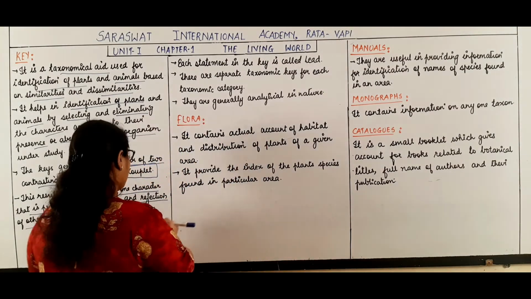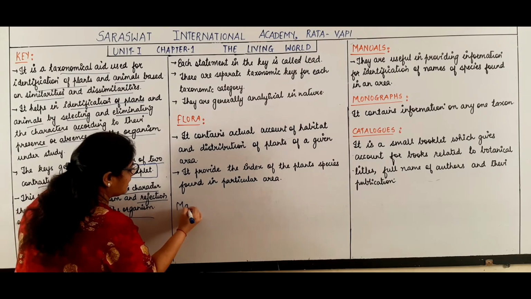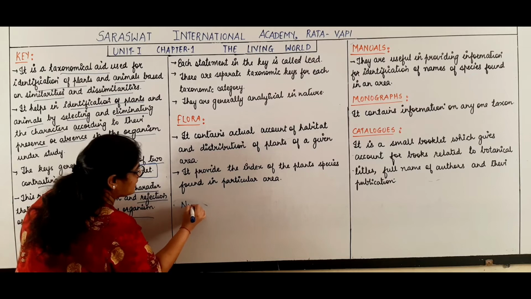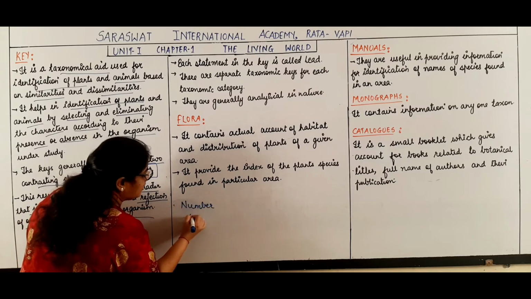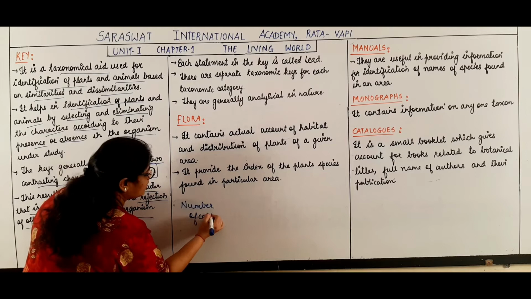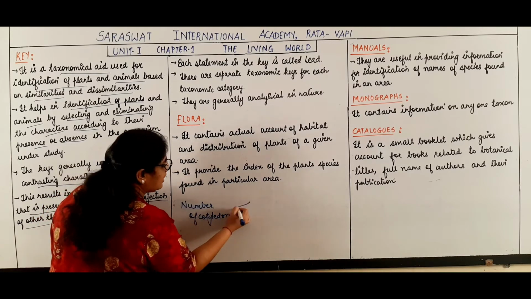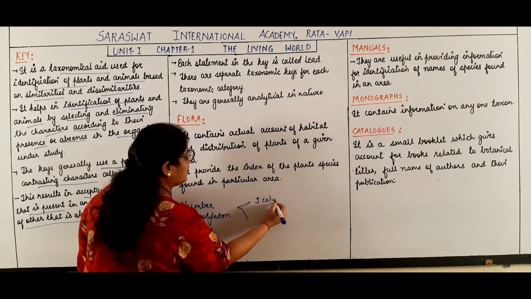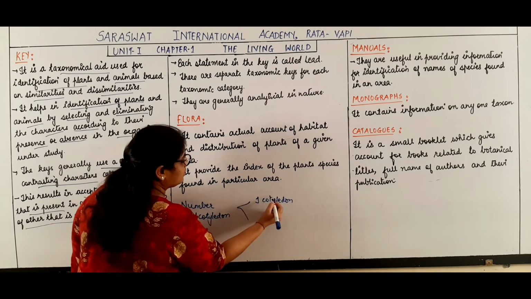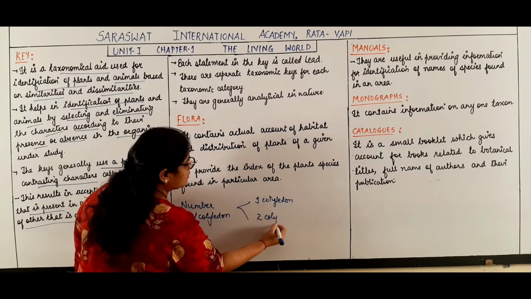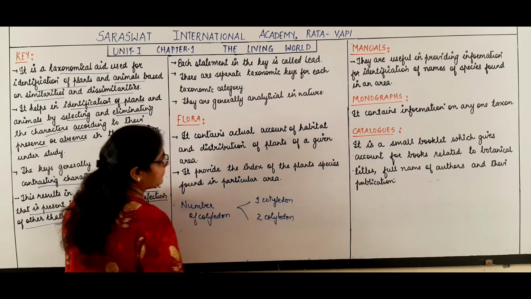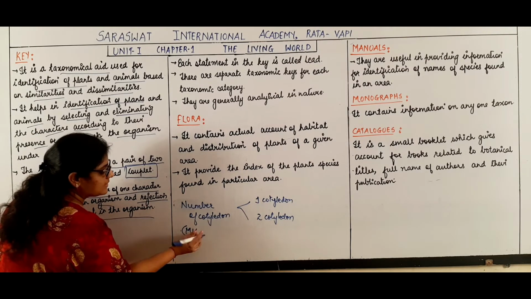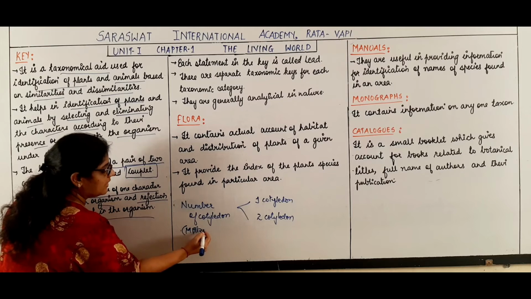Say for example, as I explained with maize, the character under study is the number of cotyledons, right? Now there are 2 possibilities, students. Either there may be 1 cotyledon or there may be 2 cotyledons. Now I consider the organism as maize.